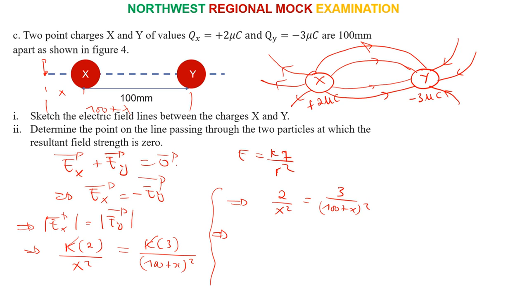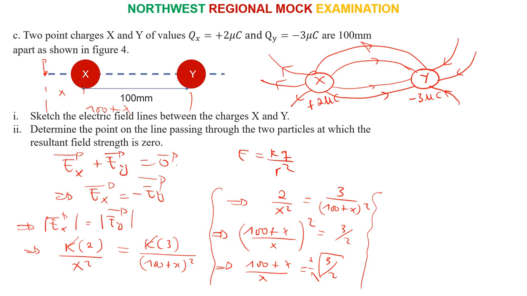Simplifying, we have (100 plus x) over x, all squared, equal to 3 over 2, from where (100 plus x) over x will give us the square root of 3 over 2. So we are going to take the case of the plus or minus.